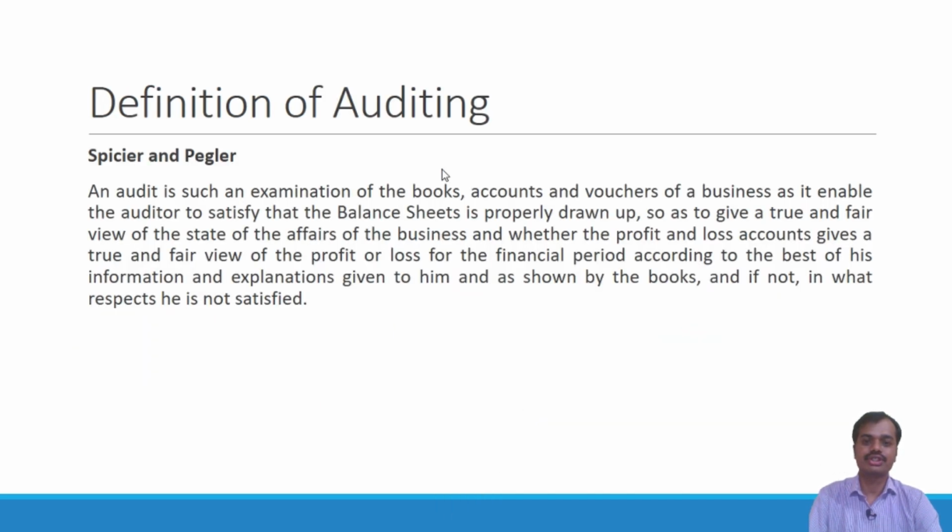Let's understand the definition of auditing. According to Spicer and Pegler, an audit is an examination of the books, accounts, and vouchers of a business as it enables the auditor to satisfy himself that the balance sheet is properly drawn up so as to give a true and fair view of the state of the affairs of the business, and whether the profit and loss account gives a true and fair view of the profit or loss for the financial period, according to the best of his information and examination given to him and as shown by the books, and if not, in what respect he is not satisfied.